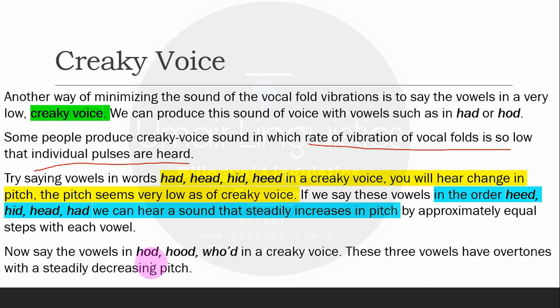And now if we say these three vowels in creaky voice, they have overtones with a steadily decreasing pitch. So we will notice that in these vowels the pitch will be decreasing if we produce them in this order in creaky voice.